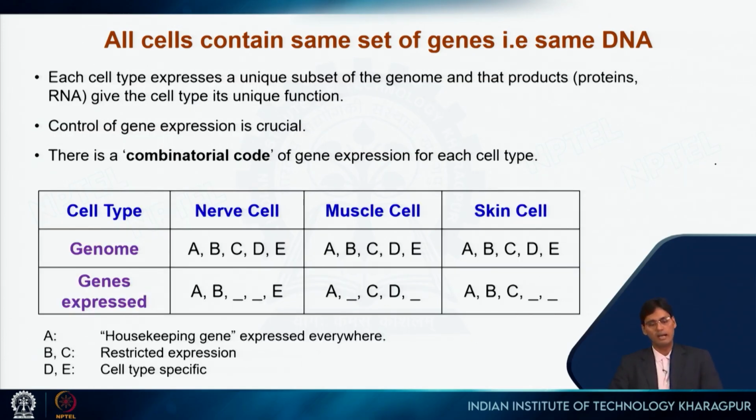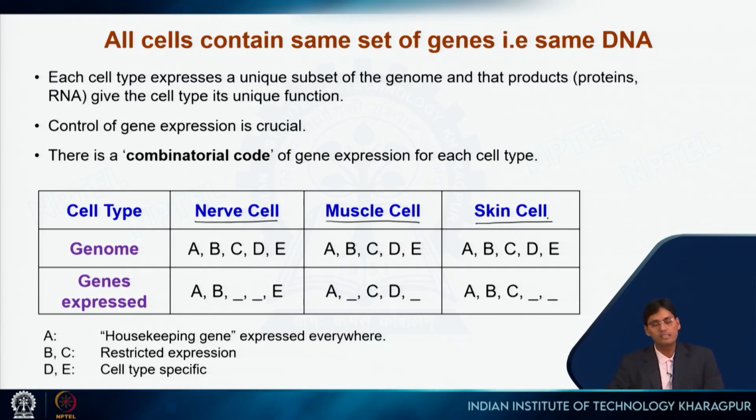Now here, very simply, I am going to discuss what the combinatorial code of gene expression means. Here, if you see, I am trying to explain in three different types of cells: one is nerve cell, the next one is muscle cell and skin cell. Those three cells have different locations in our body, they have different functions, and they are completely differently specialized for their function.